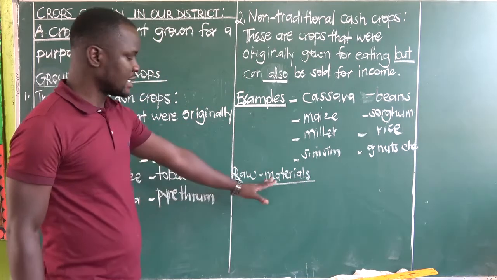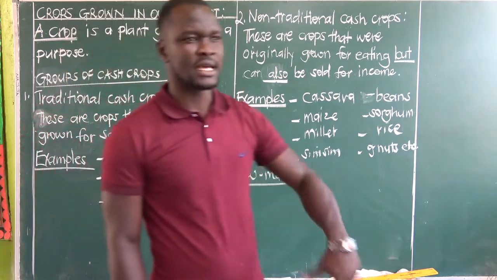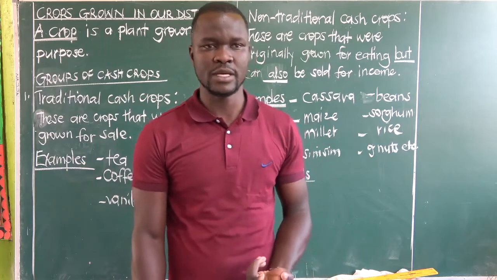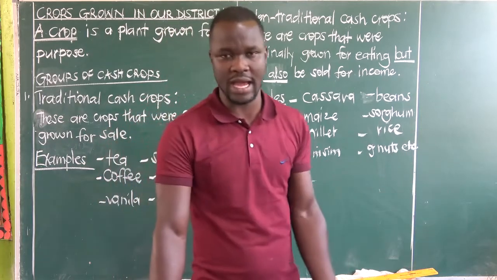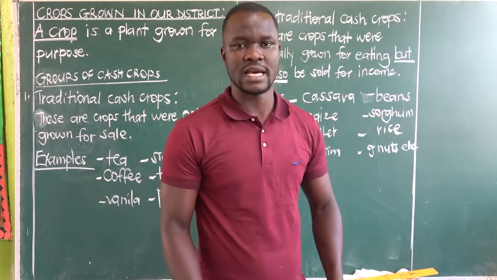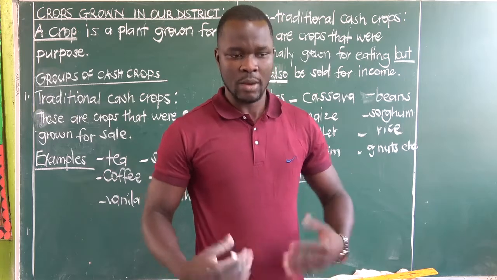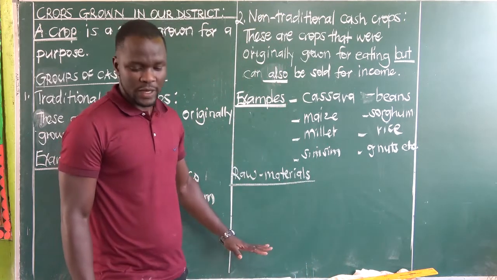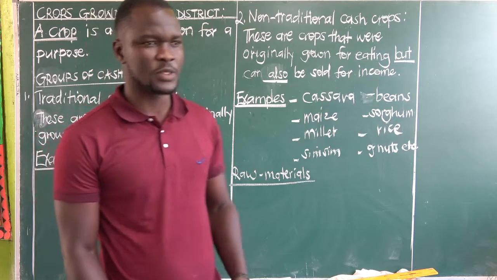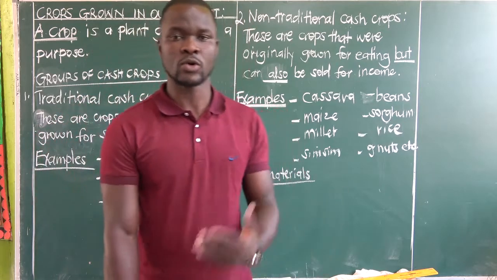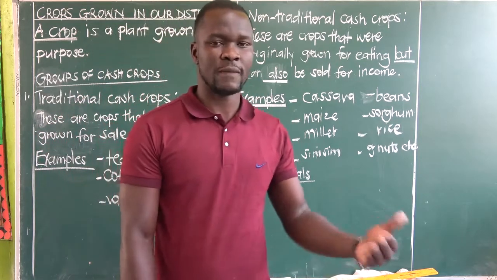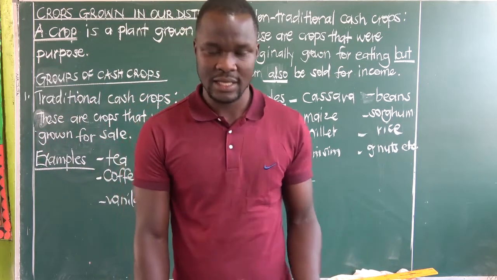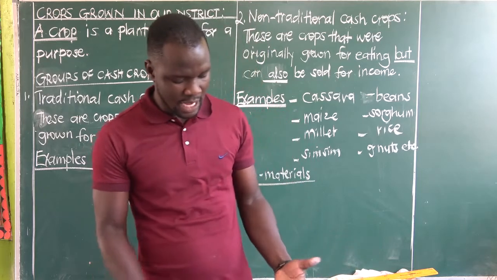Now, raw materials are items that can be used to make other products, which means that some crops can be used for making other things out of them.